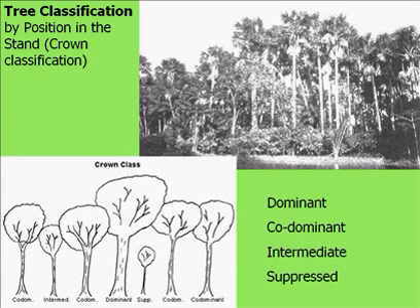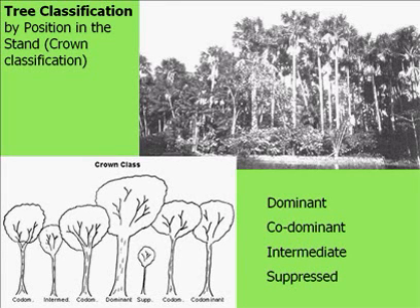Then there are trees that end up being suppressed by the members of the canopy growing above them, and some species are considered intermediate, growing in that mid-level layer of the canopy. In one of our previous modules we talked about the different layers of the canopy, but you also need to be familiar with the terms related to crown class.